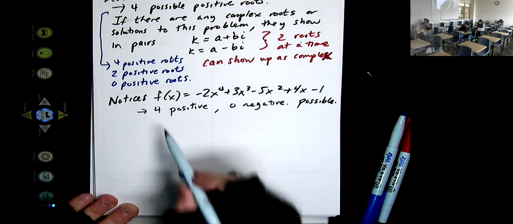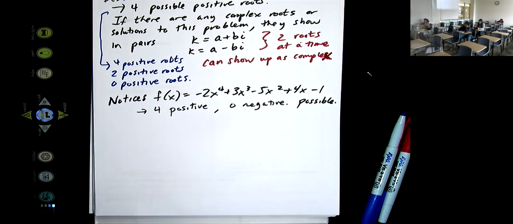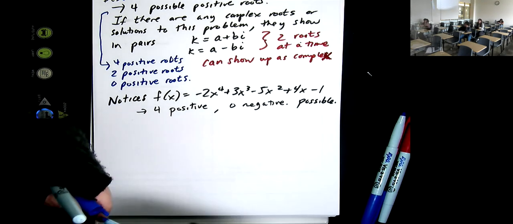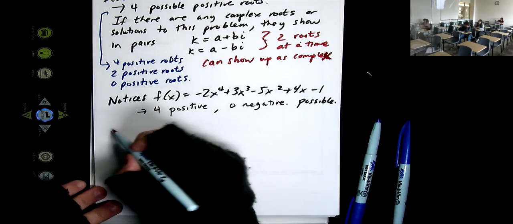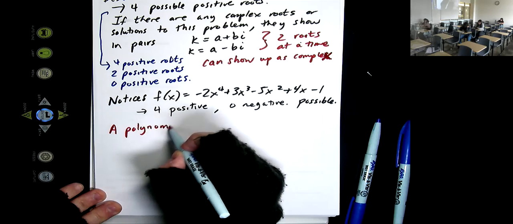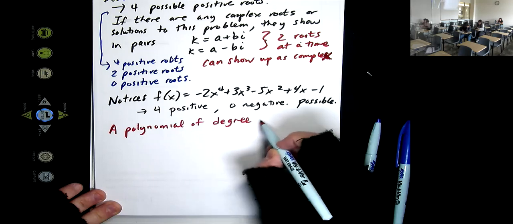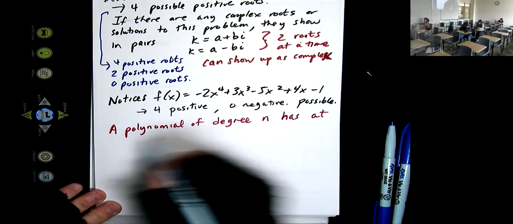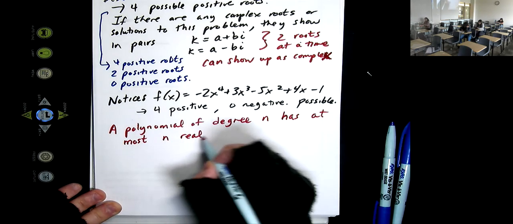I knew once I got the 4 that I was going to have a 0 here for one good reason. A polynomial of degree n has at most n real solutions.